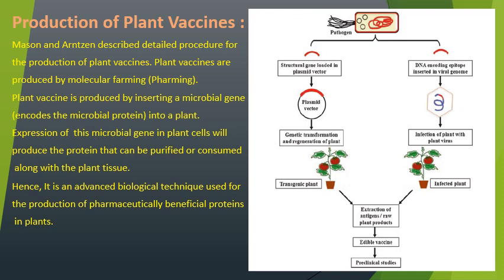While with the infection of viruses, the gene can be incorporated within the plant genome. If the gene of interest is expressed within that plant, then the effective antigens or antibodies will be formed within the plant that can be extracted or used as raw plant materials, and these will be known as edible plant vaccines.